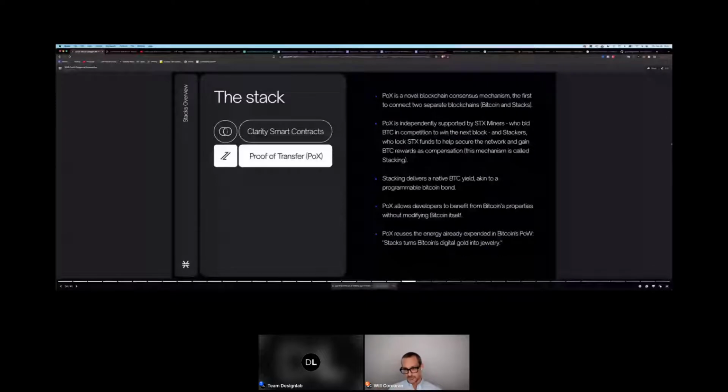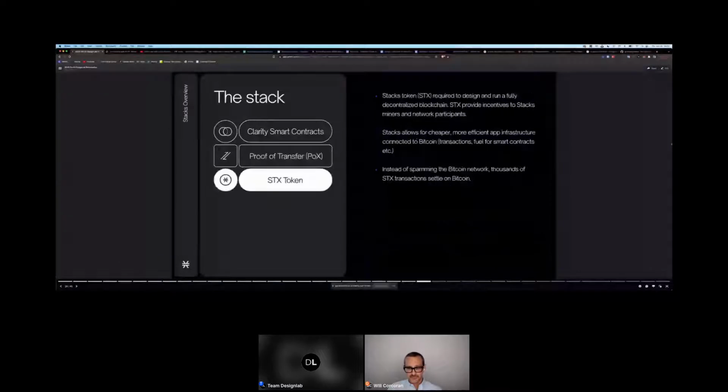Every month you get 10% of whatever you're stacking in Bitcoin. So that 85%, rather than just being burned like electricity that doesn't yield Bitcoin, actually all goes to the network participants as a 10% passive yield on the Bitcoin. We think that's pretty new and novel and pretty interesting.